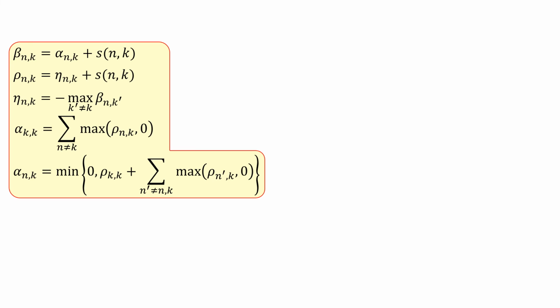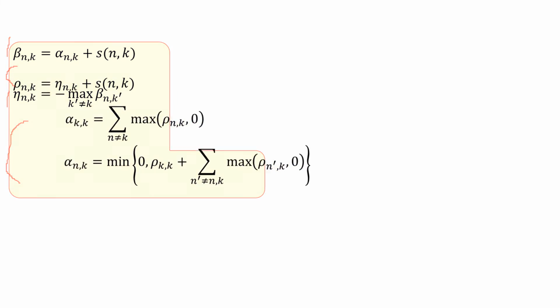Now, alpha here is the availability and rho is the responsibility. These are the 2 sets of variables used by affinity propagation clustering, and therefore we need to eliminate beta and eta. These are redundant messages. We have to keep only alpha and rho.